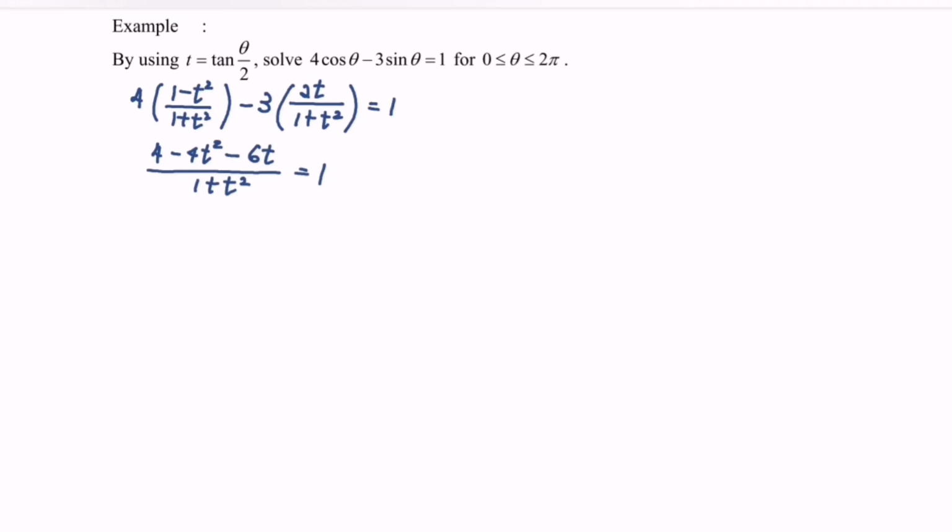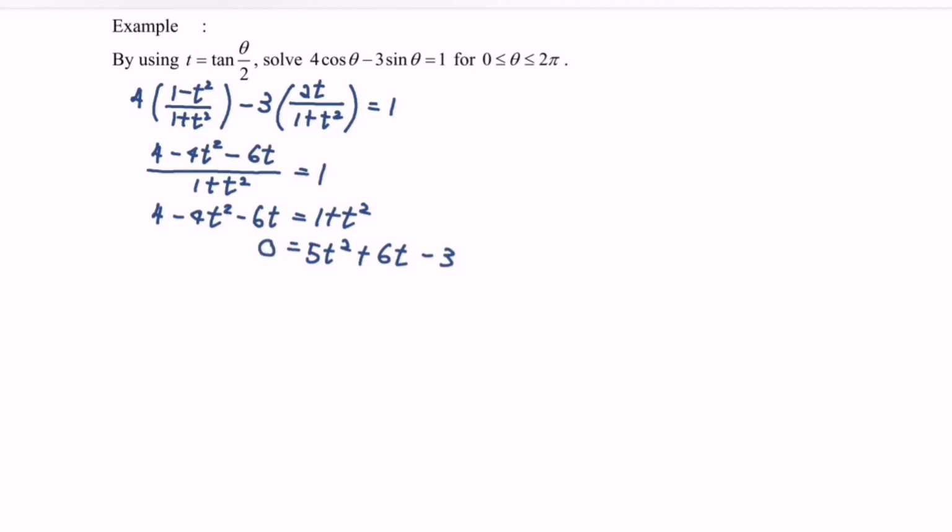Next, I'm going to cross multiply and then simplify. 4 minus 4t squared minus 6t equals 1 plus t squared. So finally, we have 5t squared plus 6t and then 1 minus 4, we will have negative 3, equals 0.